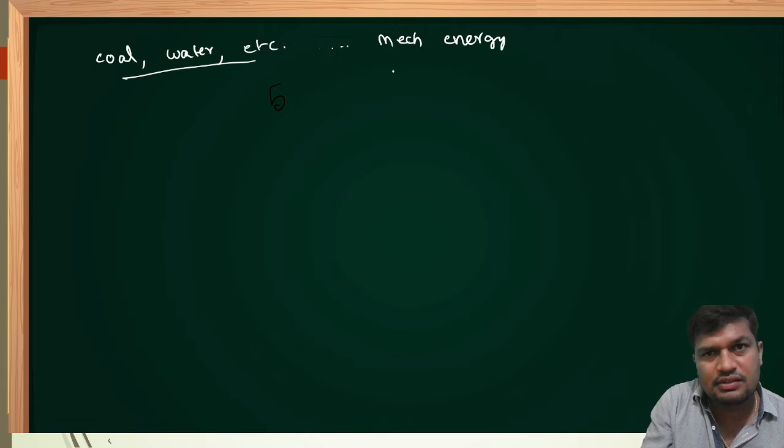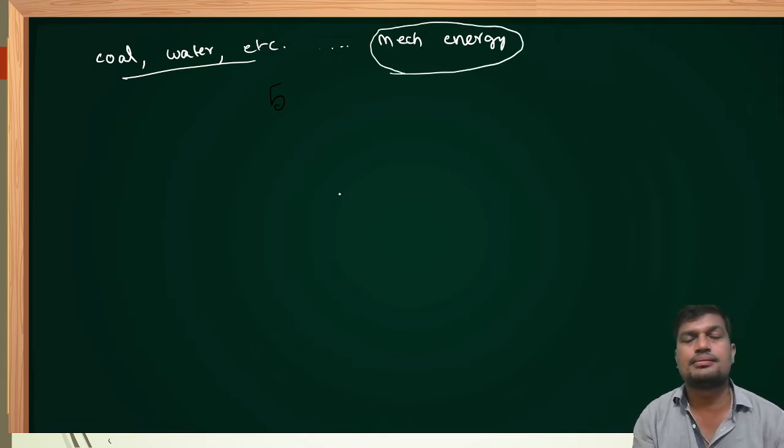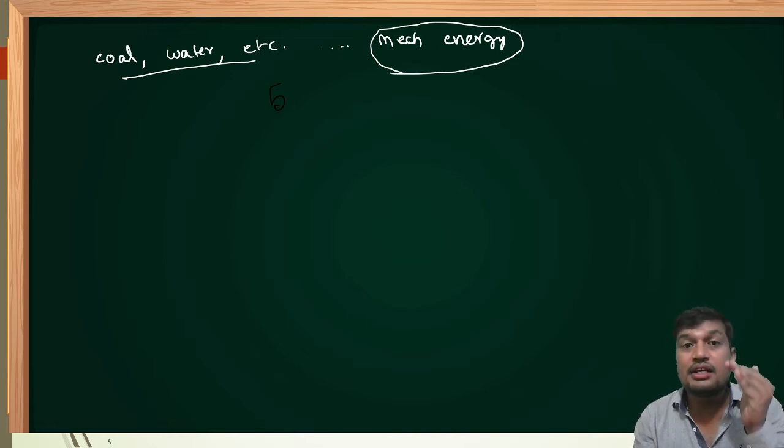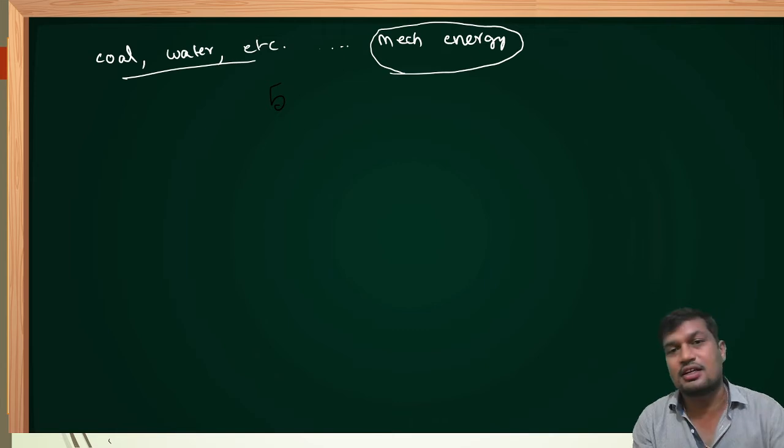That means in this world, the directly available energy is mechanical energy, but electrical energy is not directly available. This is the disadvantage. But in the case of mechanical energy, it is an advantage. But even though mechanical energy is directly available, why are people not much interested in mechanical energy? Why do people have more interest in electrical energy?